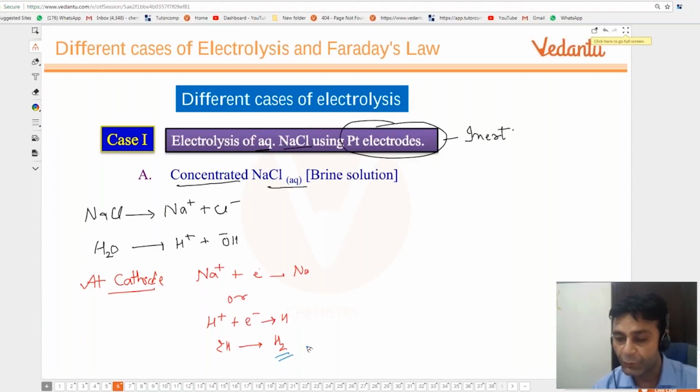Which will take place? Do you have an idea which will take place? I say one of the two will take place. Either sodium will be deposited or hydrogen will be deposited. How do you know that it is the first one? Why not the second? Why not hydrogen gas be liberated? Yes, students, activity series.